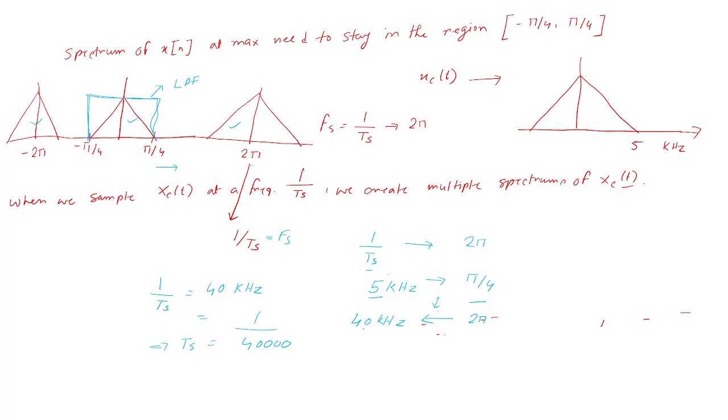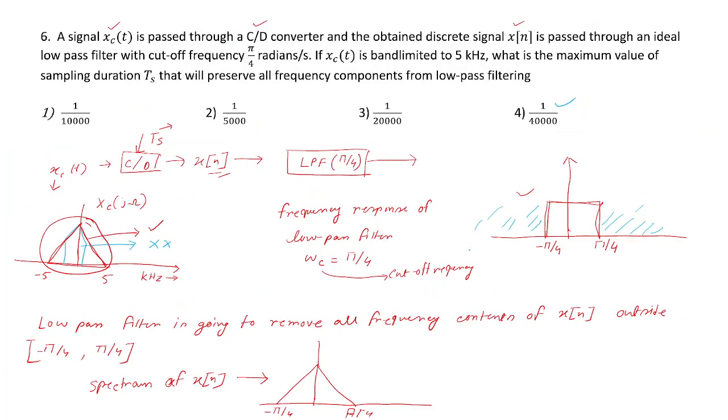That is, we need to sample at a rate of 40 kilohertz to preserve all the frequency components of the sampled signal when it is passed through this low pass filter, which has a cutoff frequency pi by 4. Therefore we get the sampling period or sampling duration, whatever you say, as 1 over 40,000, which is option number 4.